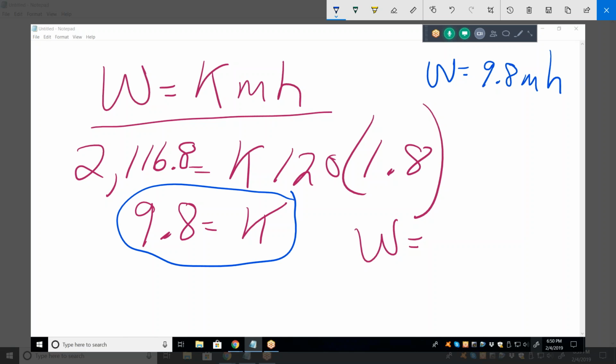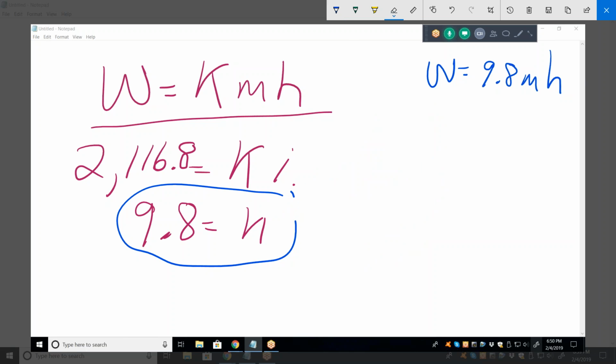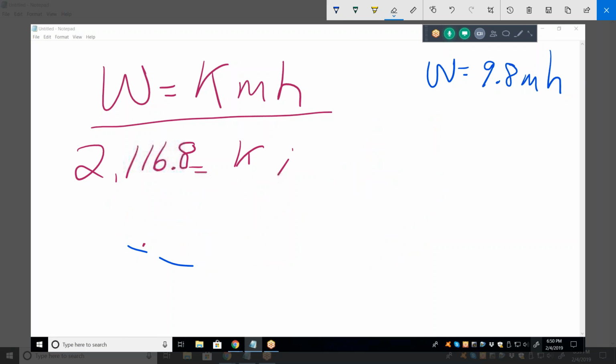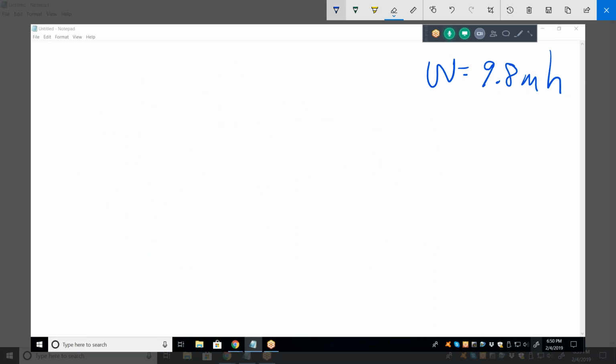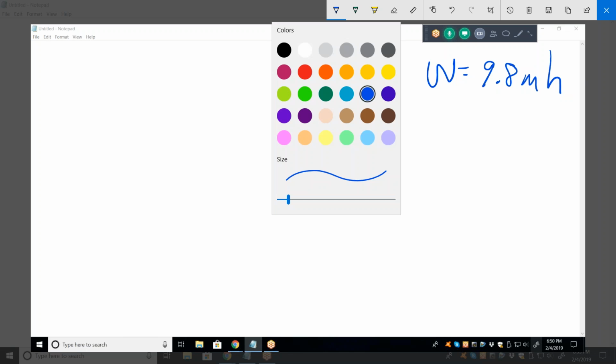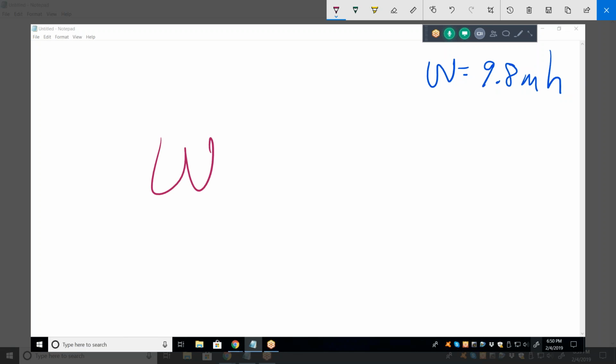Now they're going to ask you another question. What's the rest of the question? Write an equation that relates W, M, and H. That's in blue. That's what we've done. And then how much work is done when lifting a 100 kilogram object 1.5 meters? How much work is done?